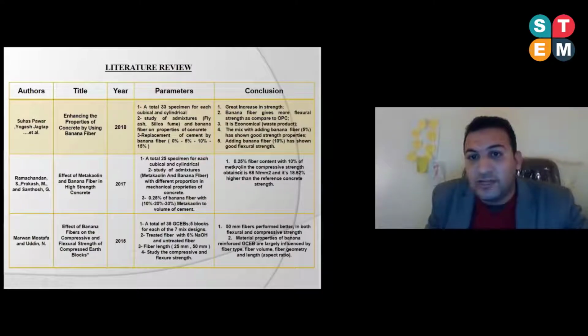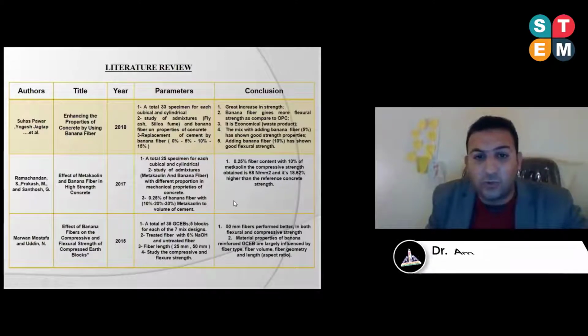His conclusion is 25% fiber content with 10% metakaolin. The compressive strength obtained was 68 megapascal, and it is higher than the reference control.